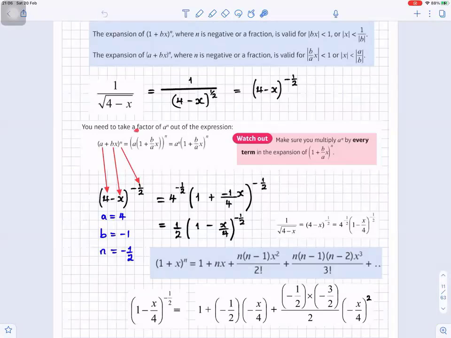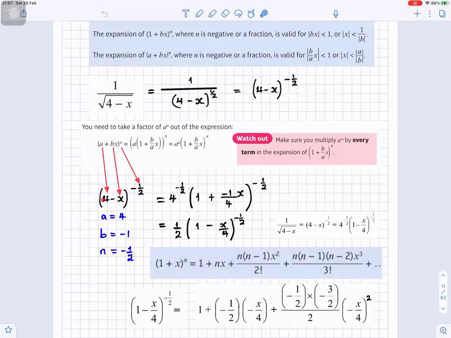So you need to take out a factor of a to the n out of the expression. If we compare, our a is 4, our b x is like this, our x, and our n is minus a half. So what comes out is a to the n.